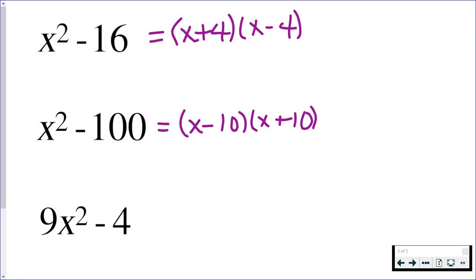The last one is also a difference of squares, 9x squared minus 4. You need to recognize that 9 is a perfect square and 4 is a perfect square. And since x is being raised to an even power, we're good.